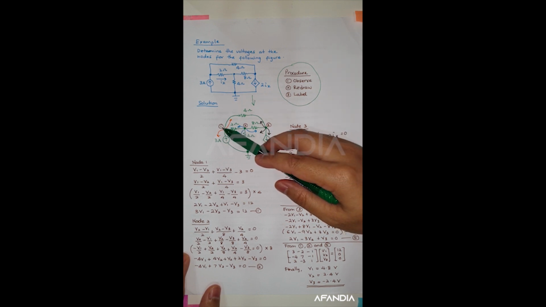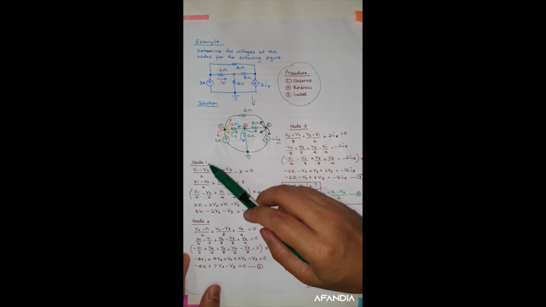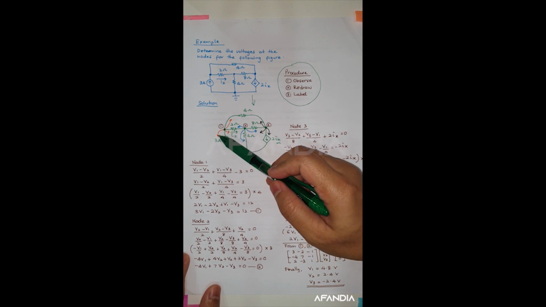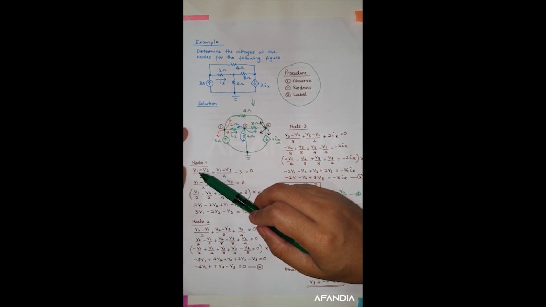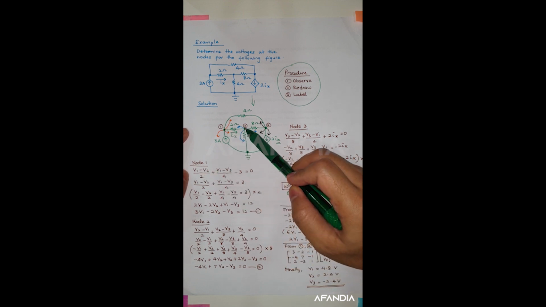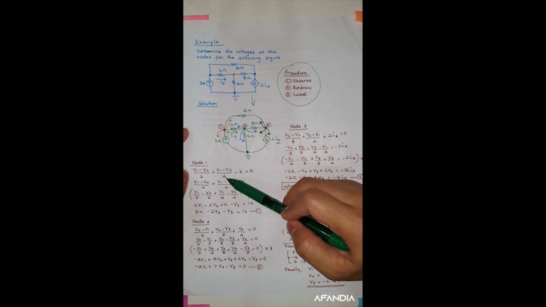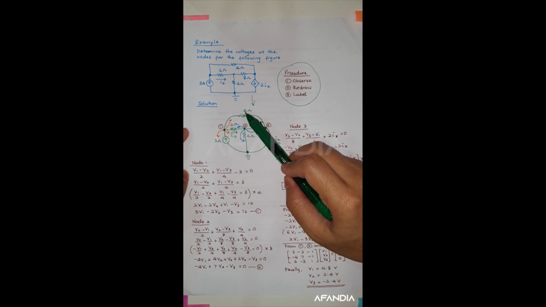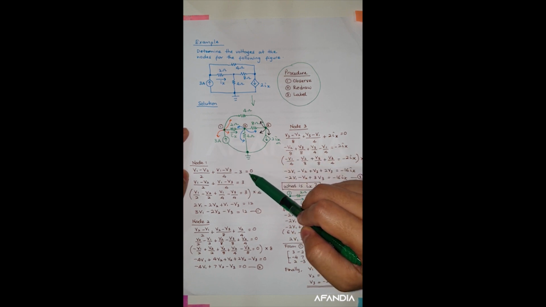Now, I put node 1, node 2 and node 3. Let's start with node 1. So node 1 is here, and we have three different currents. For the first one, V1 minus V2 divided by 2, plus V1 minus V3 divided by 4, minus 3 equal to 0.